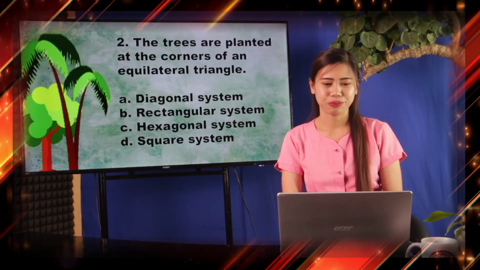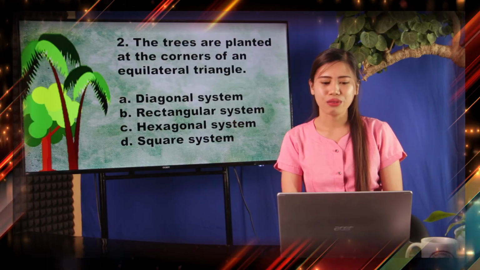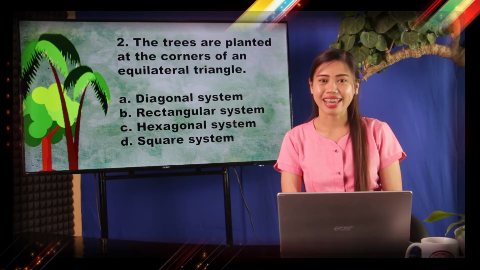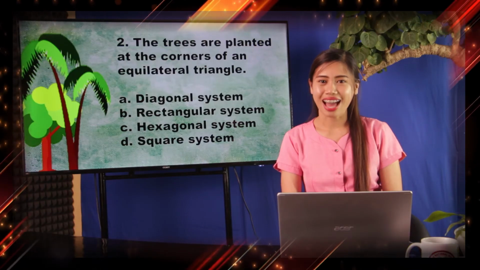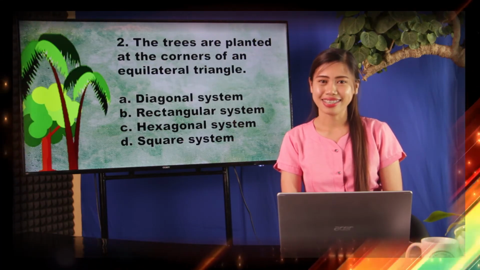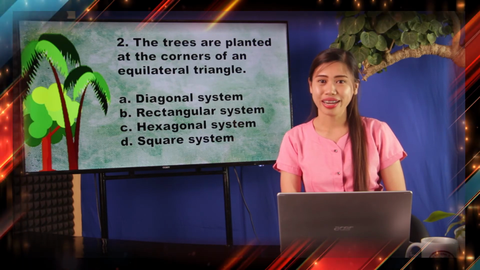Number 2. The trees are planted at the corners of an equilateral triangle. A. Diagonal system. B. Rectangular system. C. Hexagonal system. D. Square system.